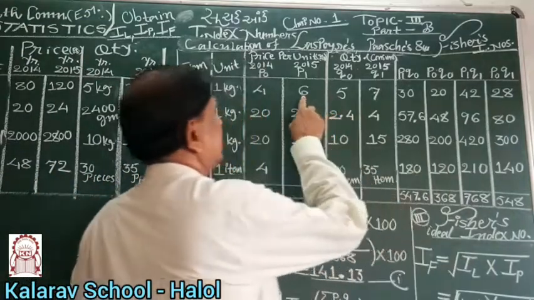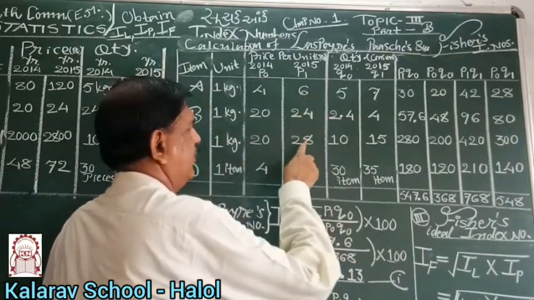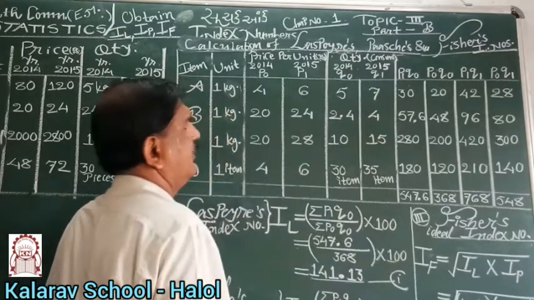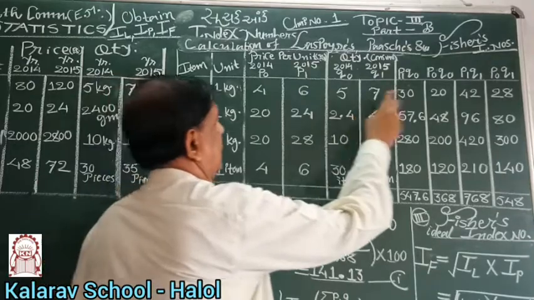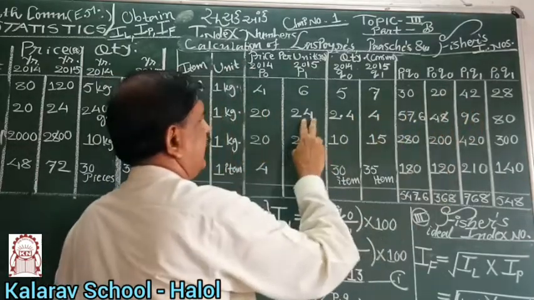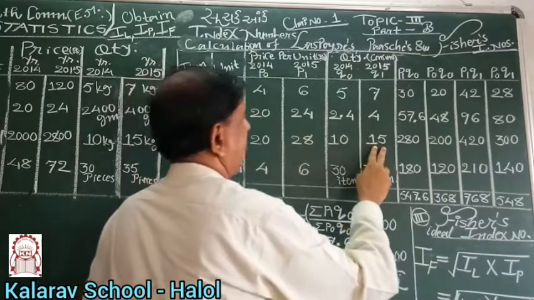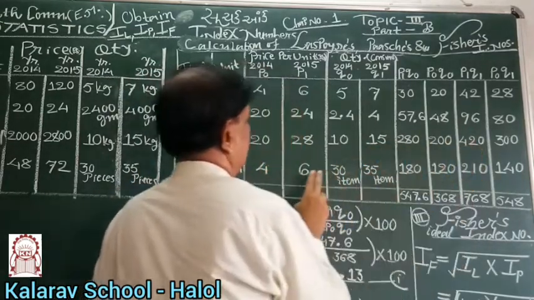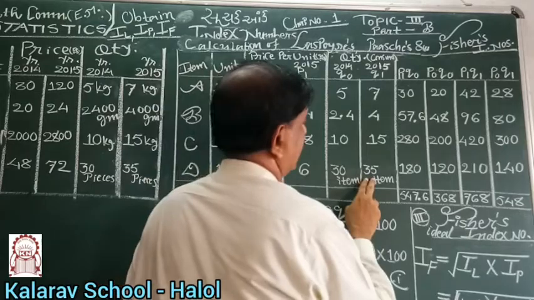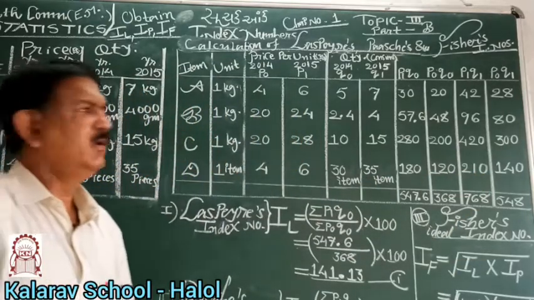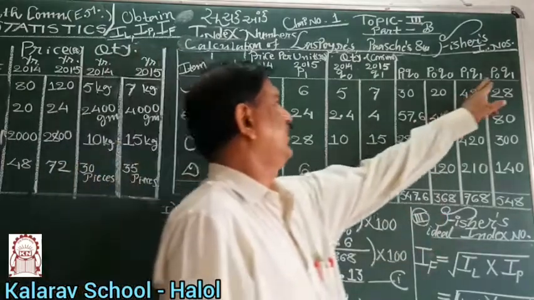P1Q1. P1 means 6, 24, 28 and 6. Q1 means 7, 4, and so on. Then 6 sevens are 42, 24 fours are 96, 28 multiplied by 15 is 420, 6 multiplied by 35 is 210. And the last one, P0Q1.